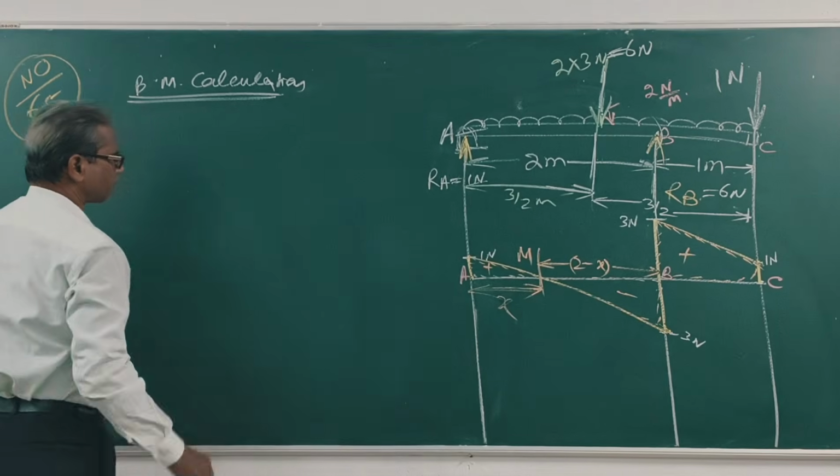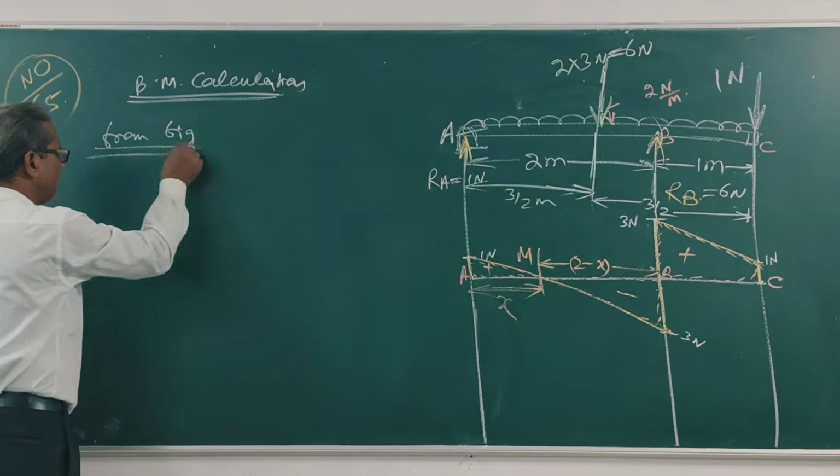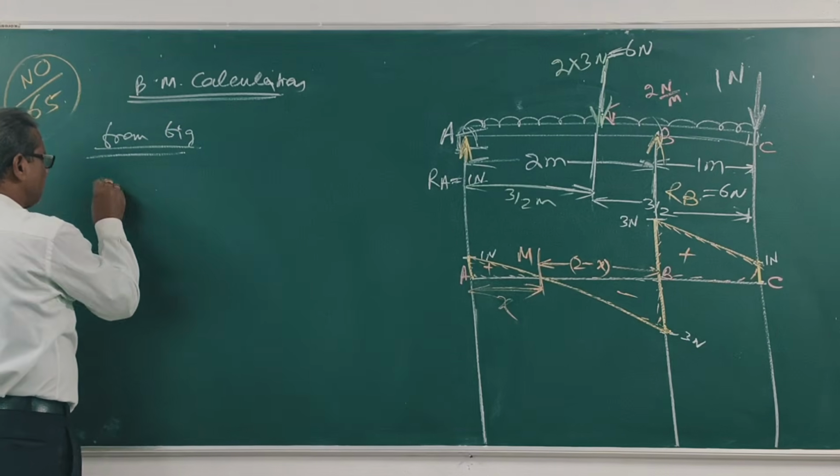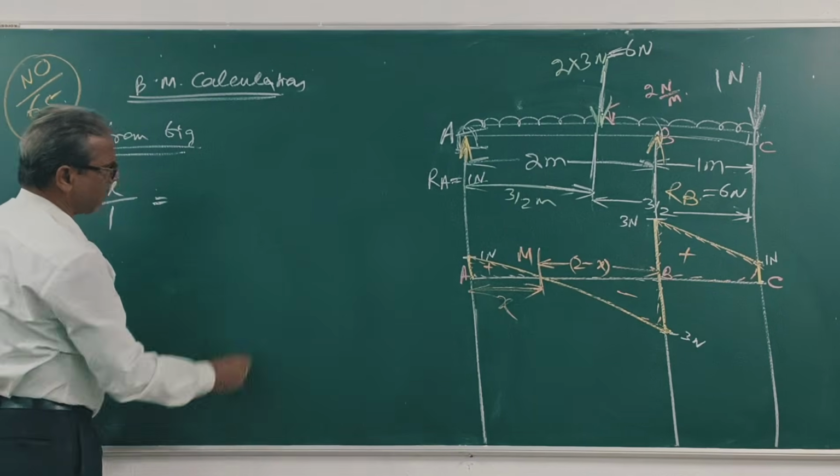From figure, x by 1 is equal to 2 minus x by 3.